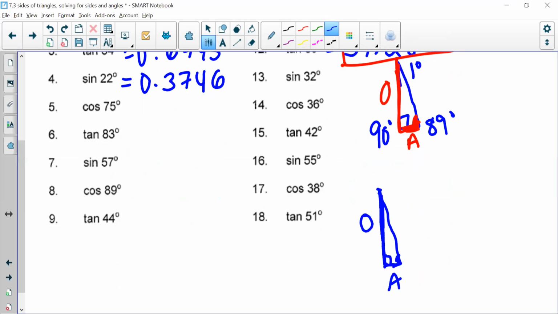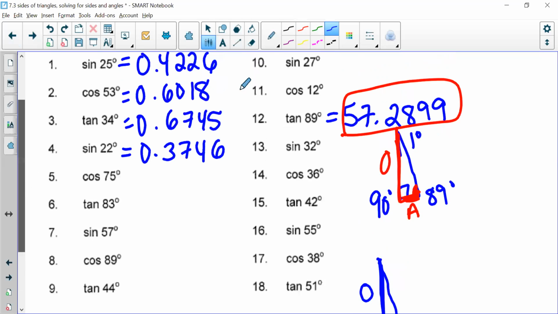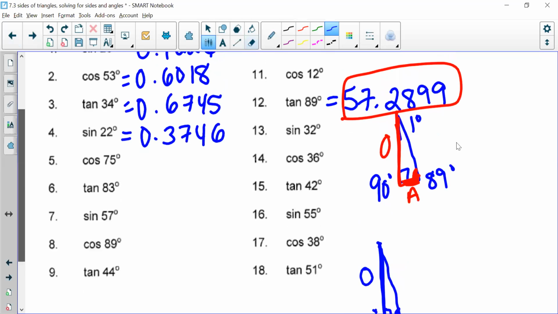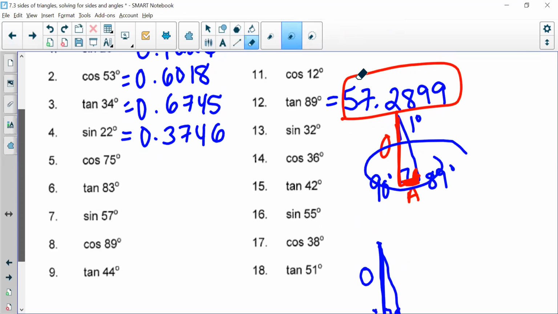It's going to be way longer than this little teeny adjacent one, if I could actually make that an 89 degree angle. So it's trying to show you the proportion between the side lengths. If you have a really big angle, you'll see that the proportions are a really interesting combination, just due to that really big angle.